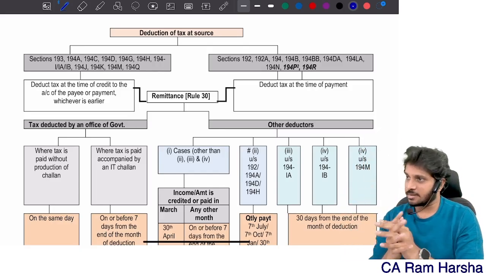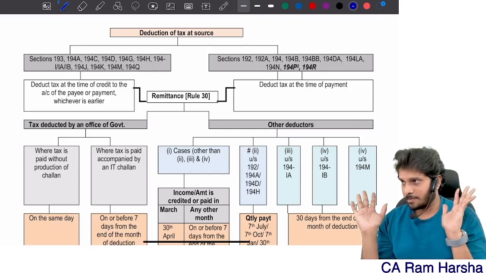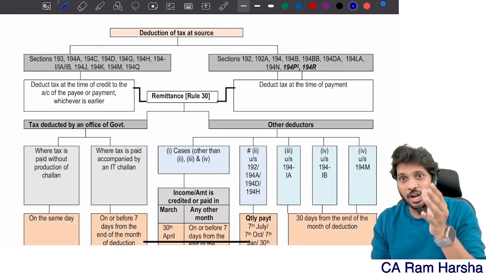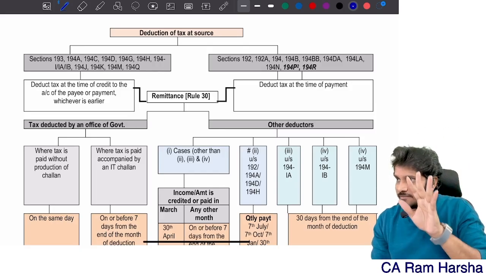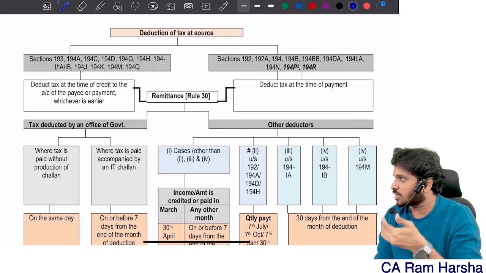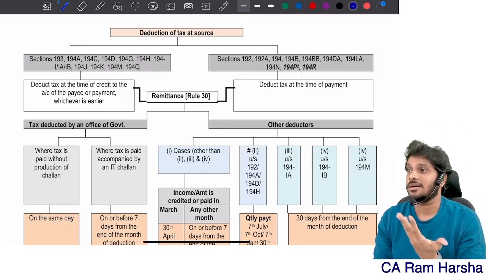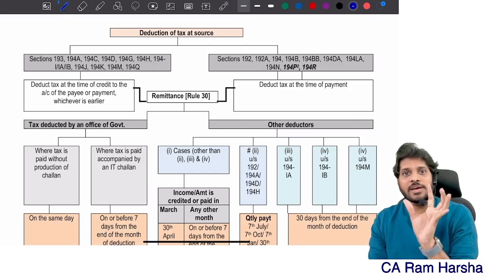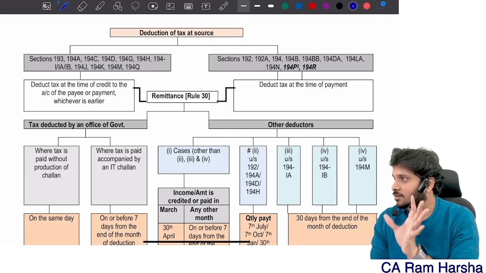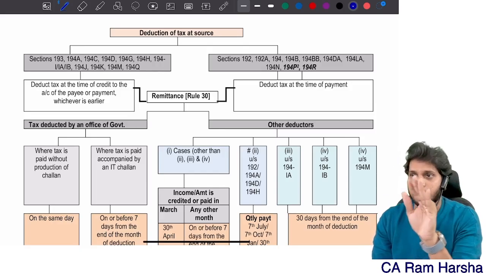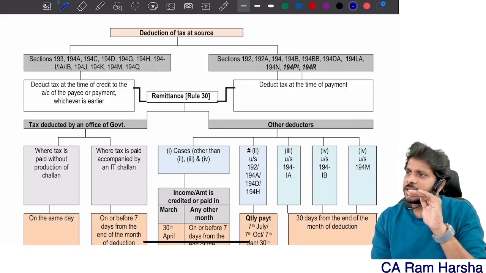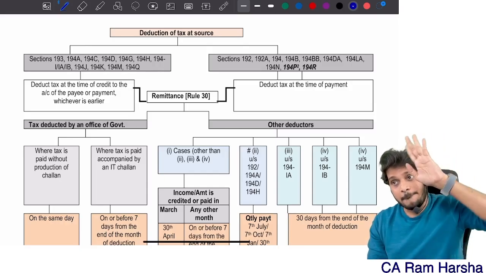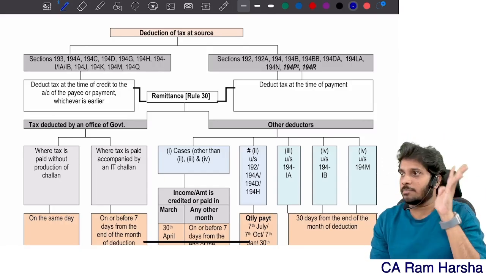But the income tax department doesn't want to wait. They want to simultaneously collect the tax along with your income. When you are earning income itself, they want to collect the tax simultaneously. For that, where you are getting some income from various people, they are keeping a condition on the payer itself: don't pay the full amount, because my tax portion is also in that amount.